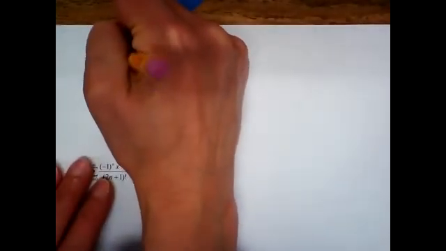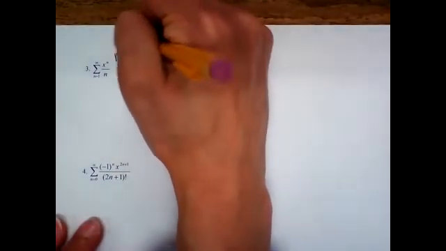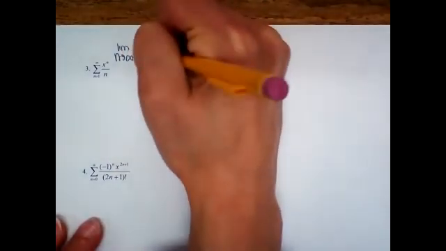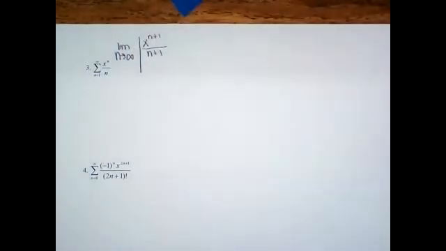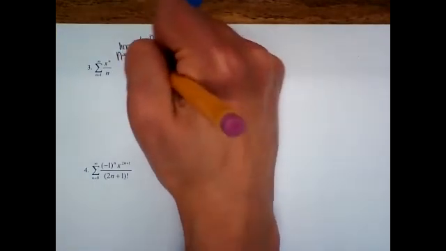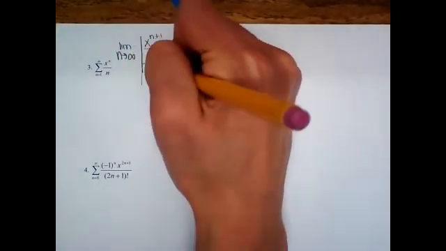All right, so again, it starts with the ratio test. Limit as n goes to infinity. We're going to plug in n plus 1 everywhere we see an n. And then that goes over the series itself.